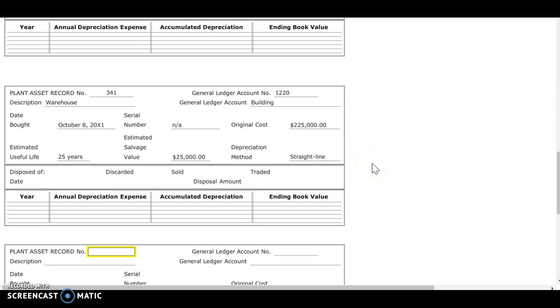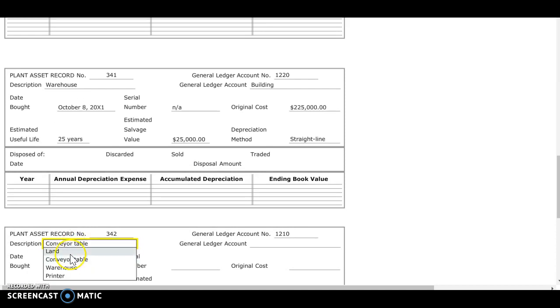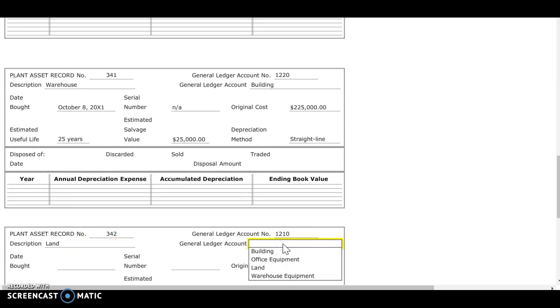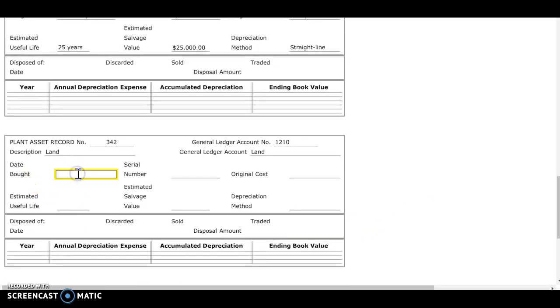Okay, last one that we're going to fill out then is going to be for our land. So this one is going to be 342. 1210 is going to be our general ledger. Land is our description. Oops. And land here as well. We also bought this one on October 8th.